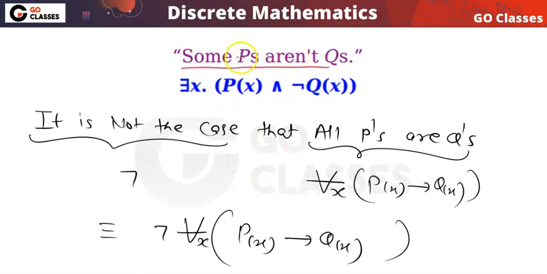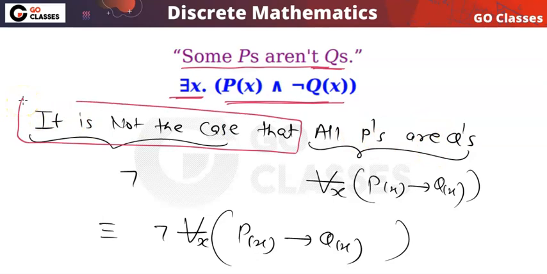It means there exists a P which is not Q. There exists x which is P but not Q. If you read this statement, we can say that it is not the case that all P's are Q's, because this statement is saying that some P's are not Q. Now, 'it is not the case' is written as negation, and all P's are Q's means for all x, if it is P then it is Q. Finally we got this expression: negation of for all x, P(x) implies Q(x).